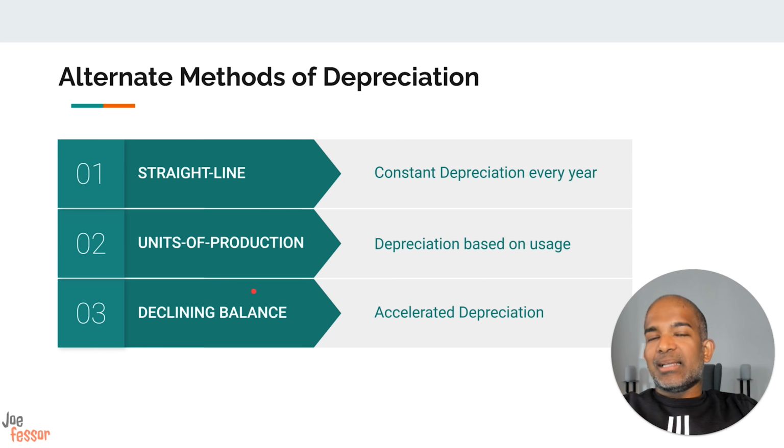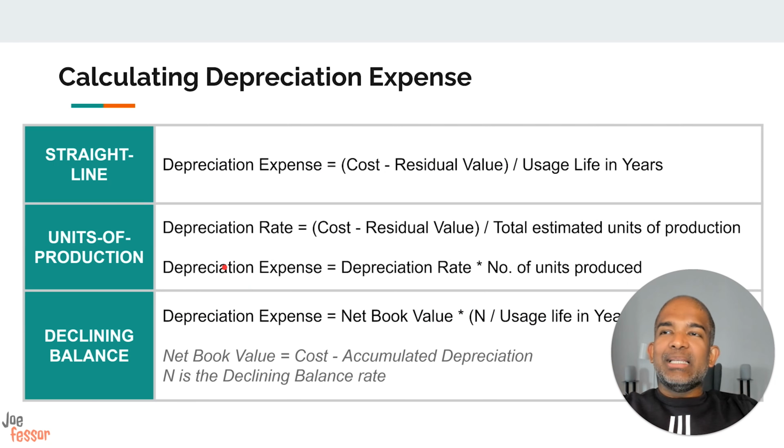This method is an accelerated depreciation method, and we can use this whenever we would like to depreciate an asset much quicker in the earlier years of its lifetime. In reality though, most firms typically just use the straight line method because it's really simple to follow. We'll look at the math behind each of these methods and then we'll look into them in a bit more detail using an example.